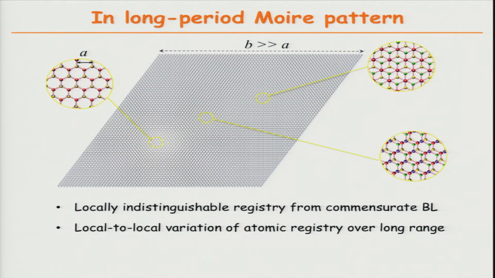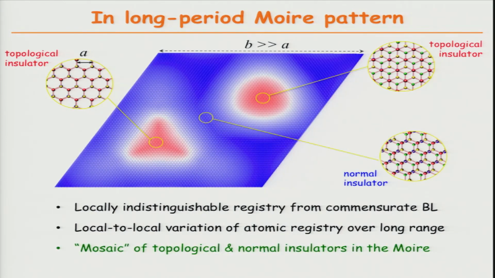And if the local electronic properties can be approximated by the corresponding lattice matched bilayer, then based on our previous discussion, we know that these two configurations would dictate topological insulating regions when you have an inverted band gap, and this configuration must correspond to a trivial insulator.